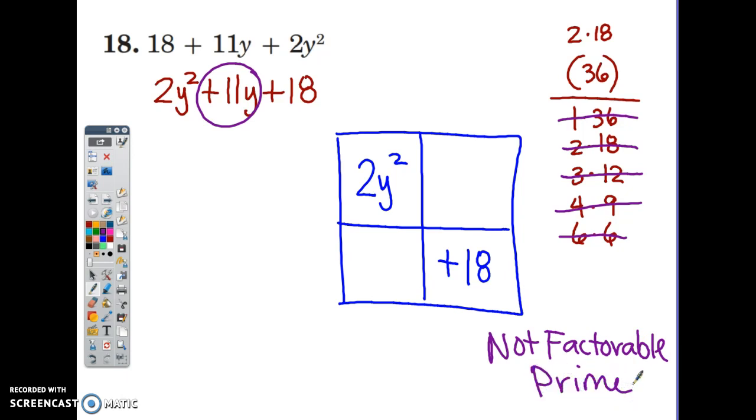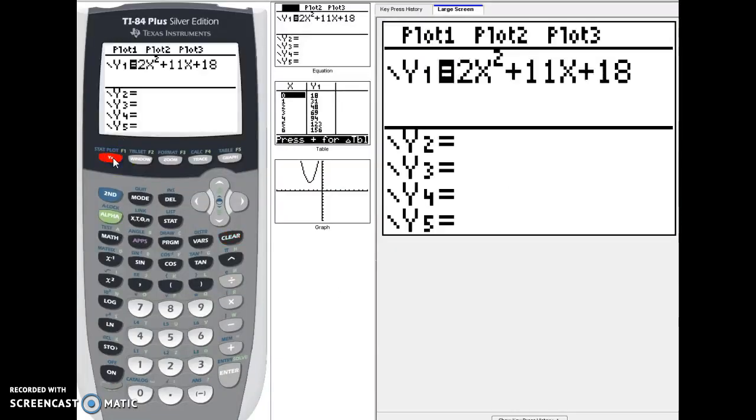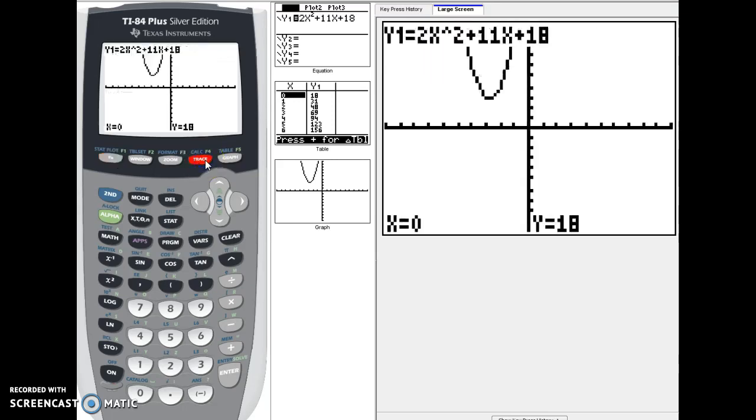Okay? And I'm going to show you in the calculator why it doesn't factor, why it doesn't work. This is a quadratic equation that you can put in the calculator. When you put it in the calculator, you put it like this, 2x squared plus 11x plus 18. And you press trace. Look at what happens.